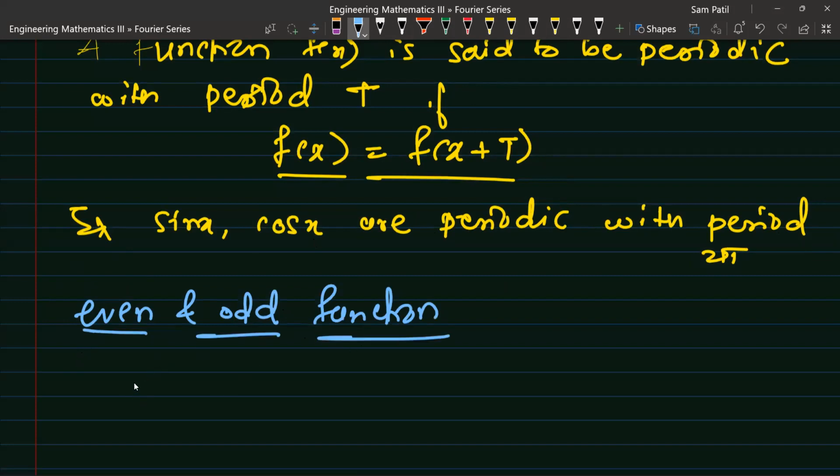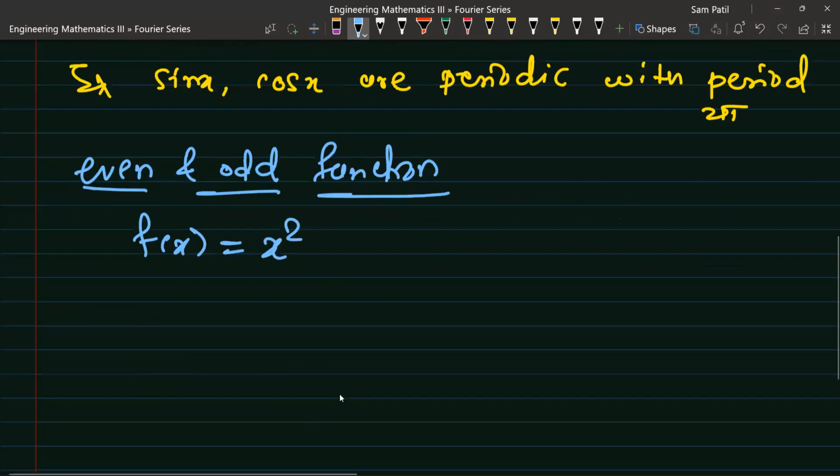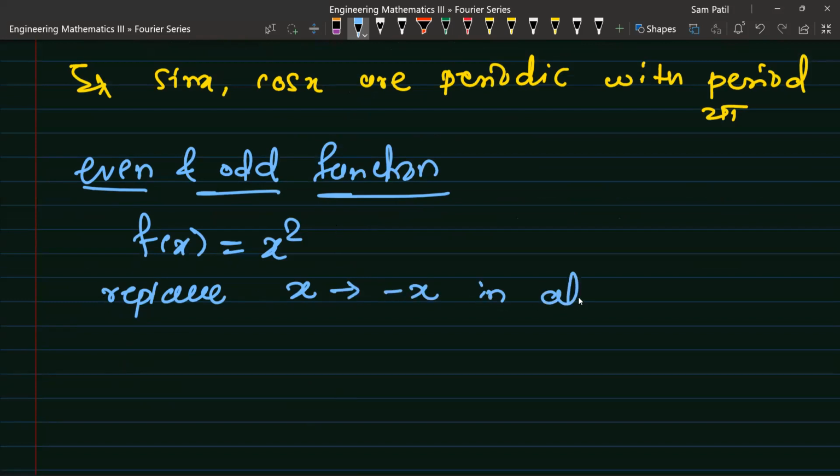Suppose we take f(x) equal to x². What happens if I replace x by minus x? Replace x by minus x in the above function.